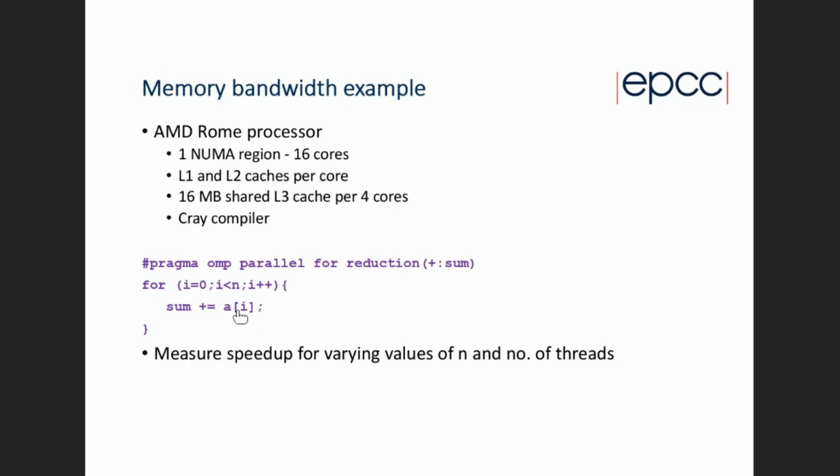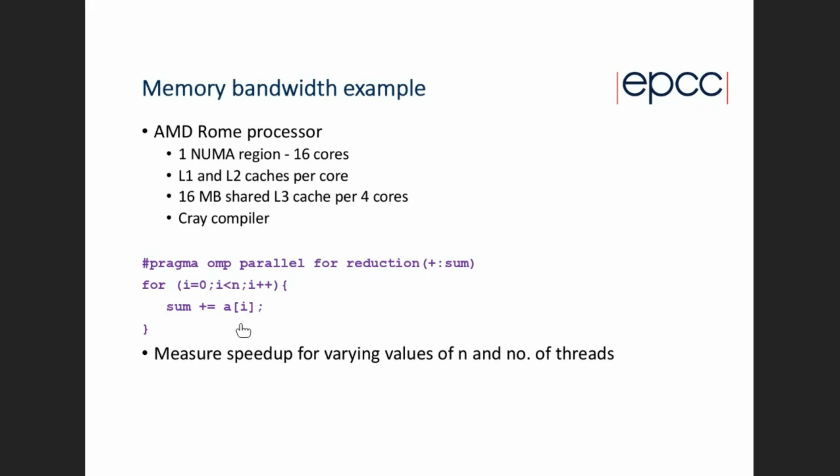I repeat the execution often enough so that if this array fits in the cache, almost all my accesses will come from the cache, so the first time through doesn't matter.